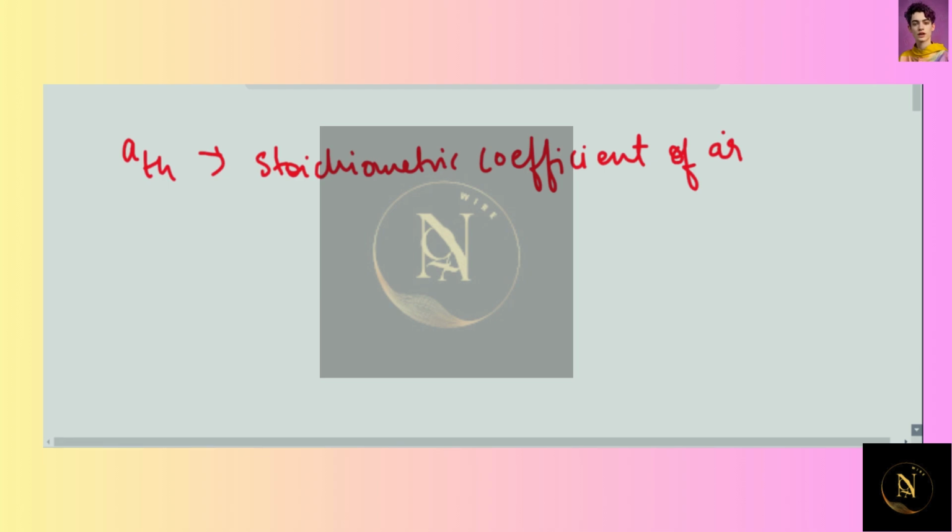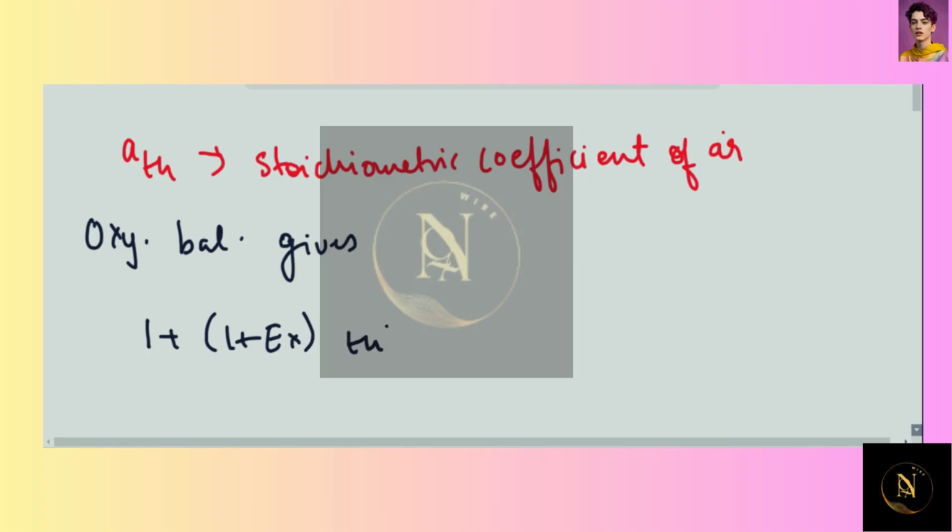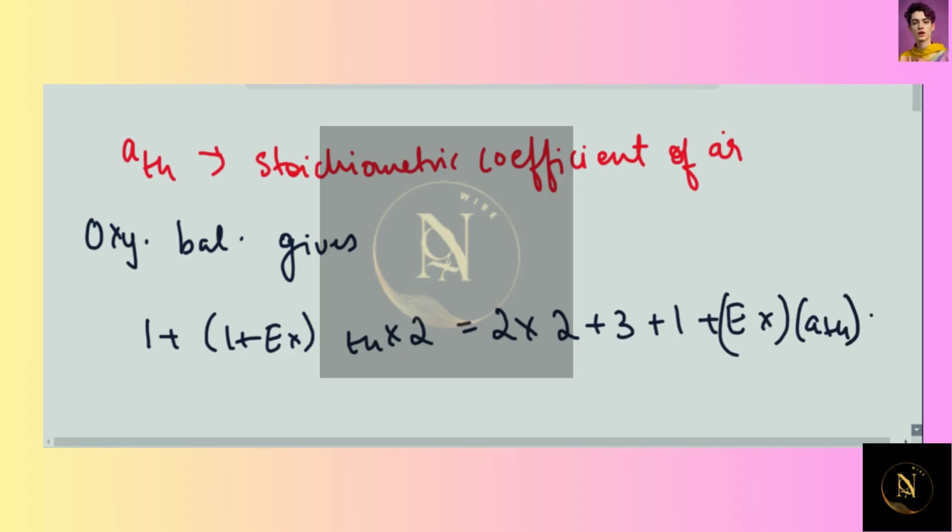Now, the oxygen balance that we are talking about gives (1 plus excess) a_th into 2 equals 2 into 2 plus 3 plus x a_th into 2.